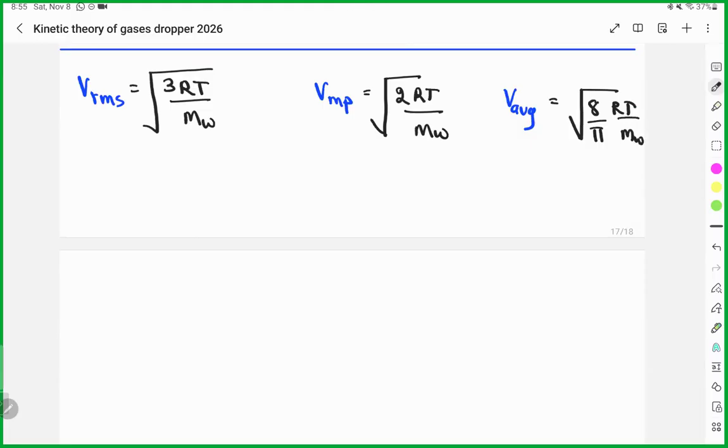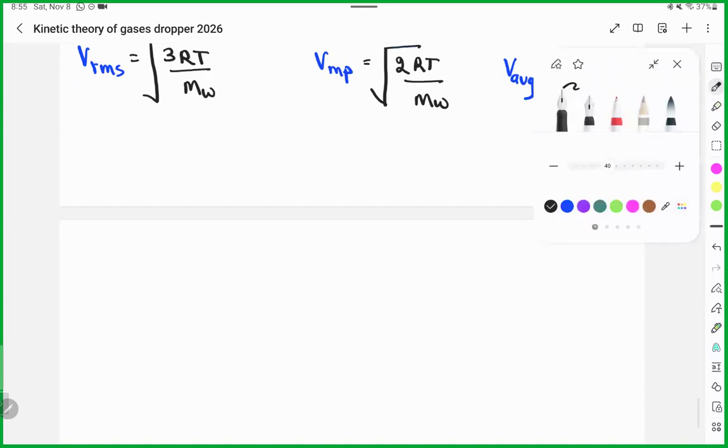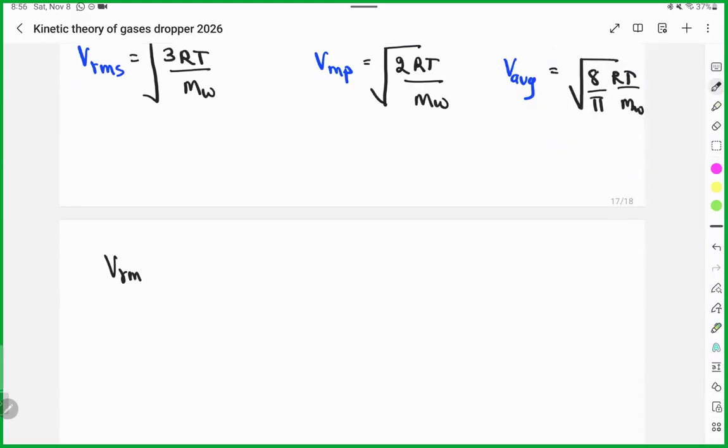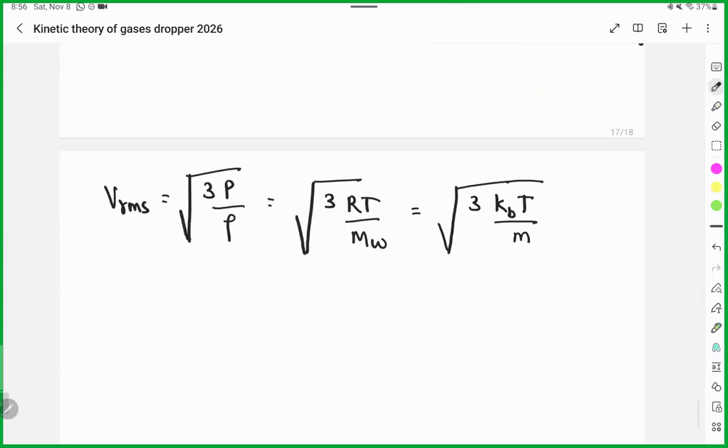Which one is greater? Now, you have to write it in all forms, by the way. VRMS in the form of under root 3P by rho. Then it is equal to under root 3RT by molecular mass, and under root 3 kBT by mass of one gas molecule, right?